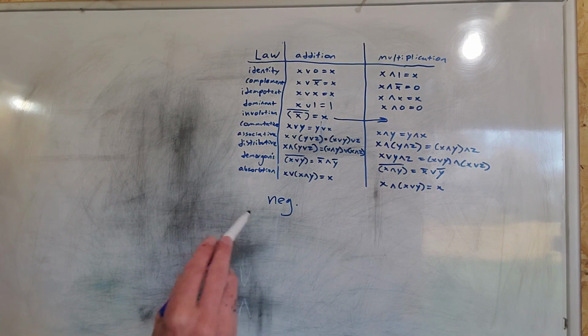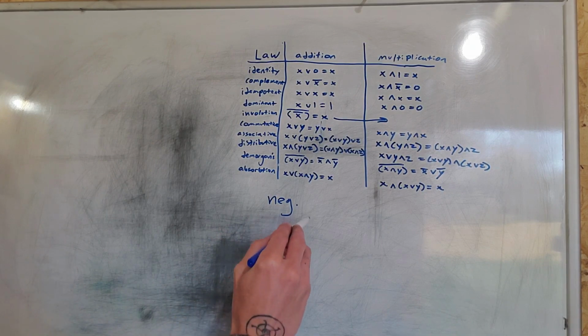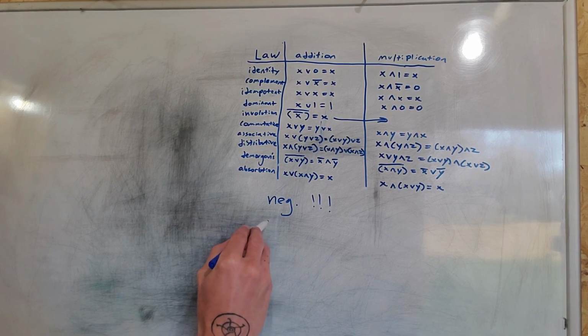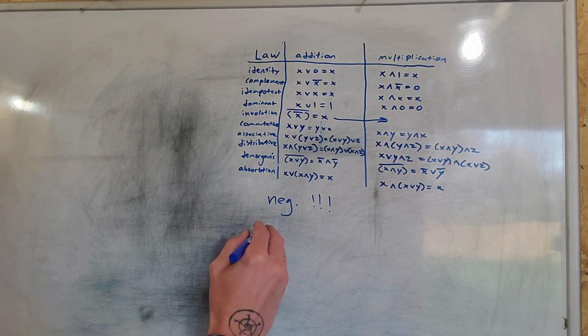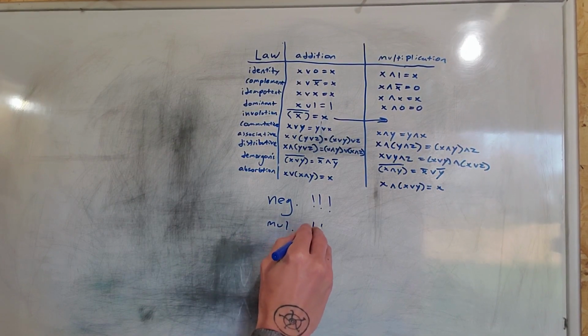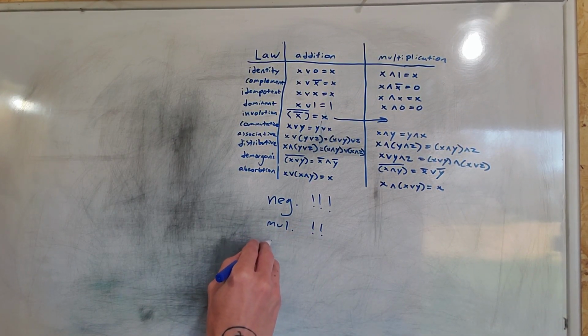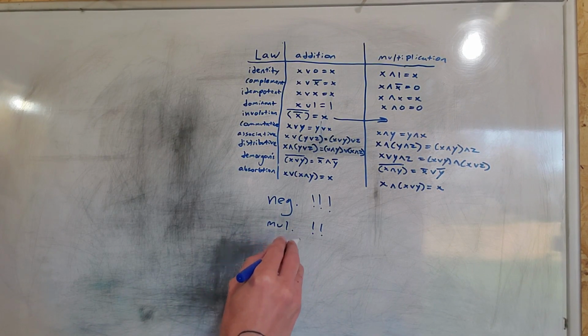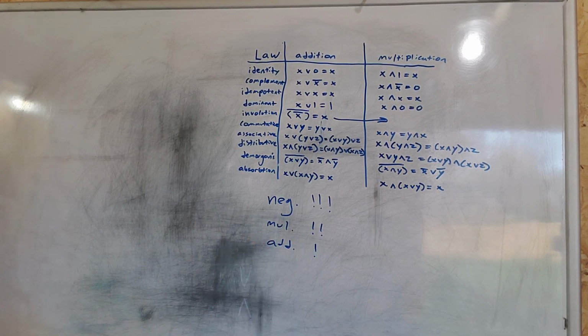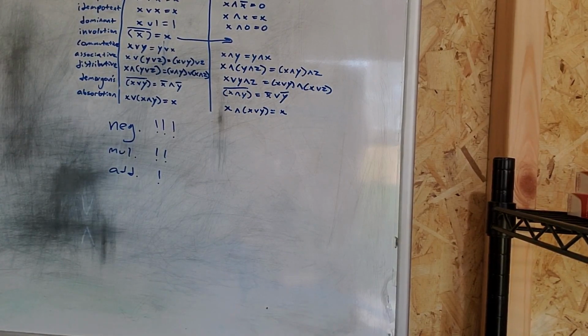Negation takes the highest priority, while multiplicative operations, like AND operations, take medium priority, and additive operations take low priority.